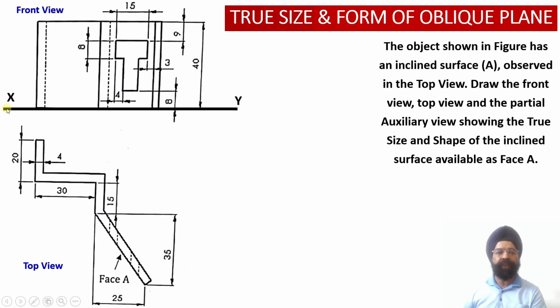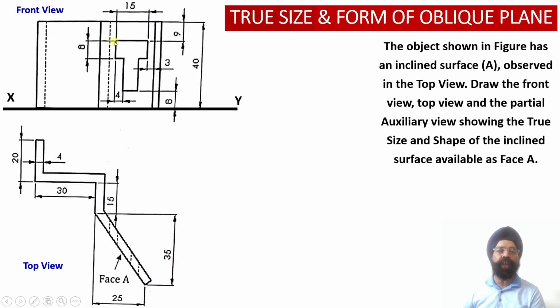So first, we have got the front view projections. We have also got the top view projections. Now the XY reference line we have drawn here, because we are going to obtain the true shape of this surface in the auxiliary elevation which will be drawn onto the auxiliary vertical plane, which will be parallel to this edge view of this T-shaped surface.